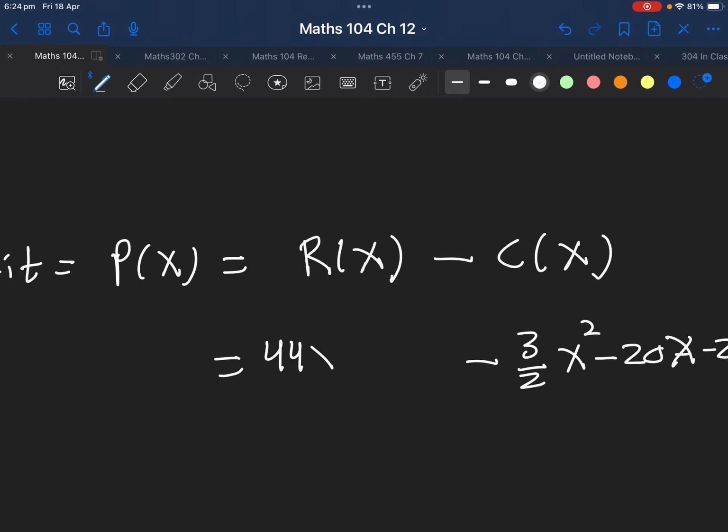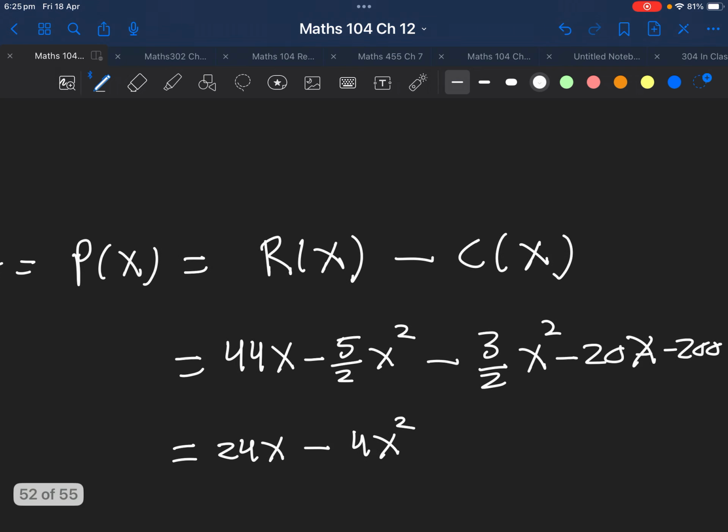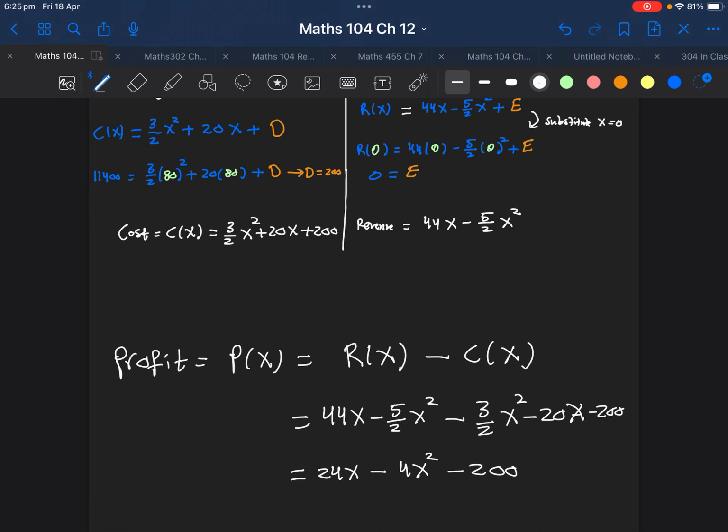So we get 44x minus 5 over 2 x squared, minus the cost. Now we can simplify it even more. It will be 24x minus 4x squared minus 200. And that's the profit function. That's the answer for part B.